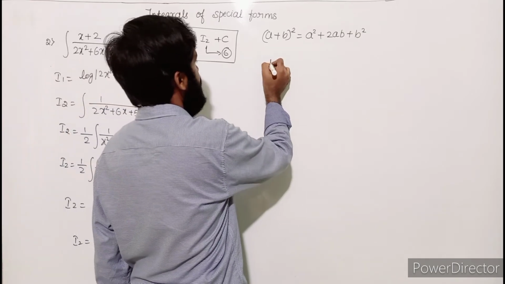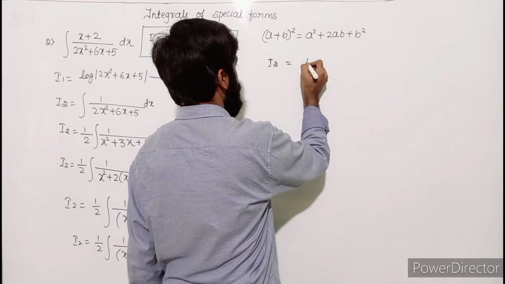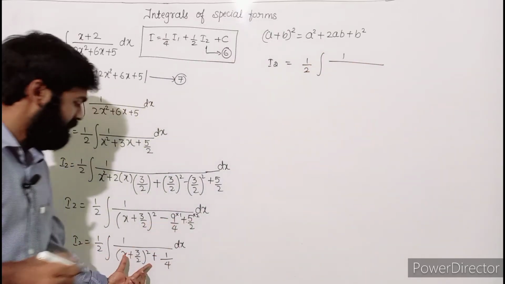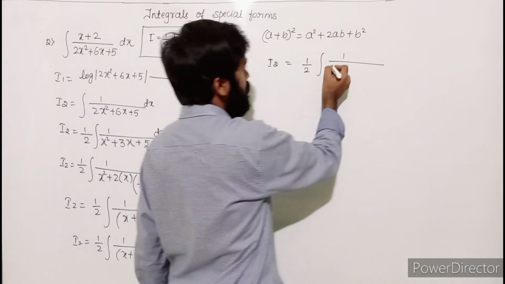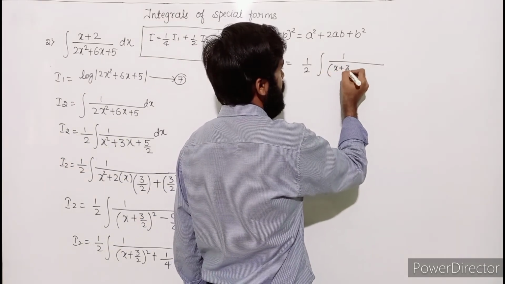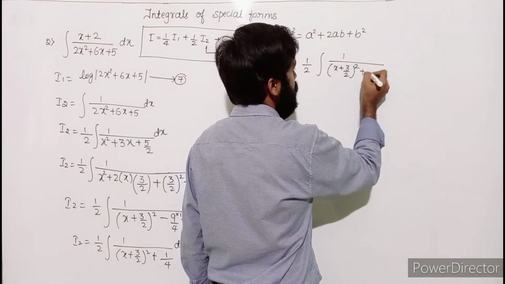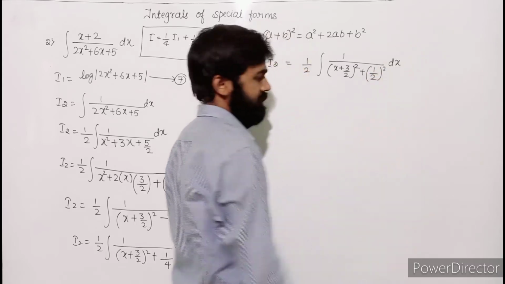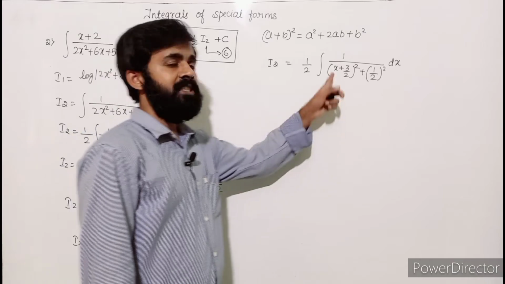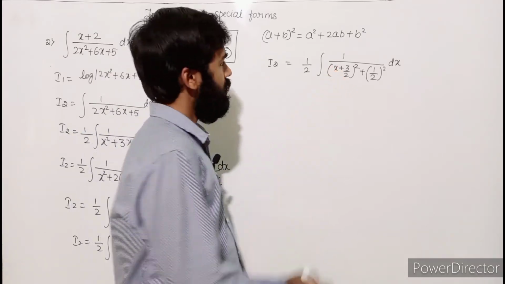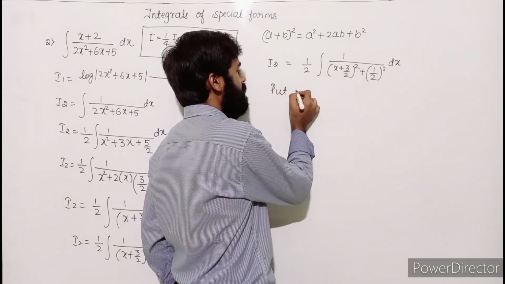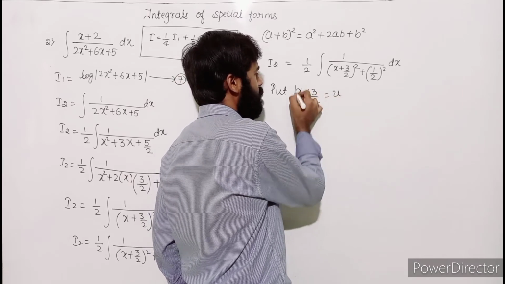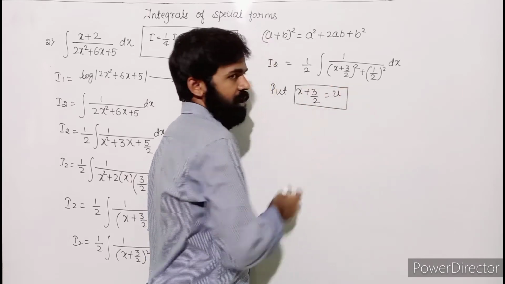See, I will write here I2 equals to 1 by 2 integration 1 divided by, this is x plus 3 by 2 whole square, x plus 3 by 2 whole square plus 1 by 4 we can write as what? 1 by 2 whole square dx. Now what you will substitute x plus 3 by 2 as what? I will substitute, put x plus 3 by 2 as some other variable u, because I have taken t in the previous case.